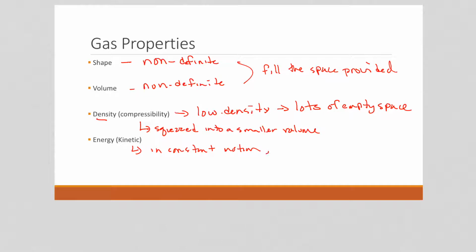And this energy, the kinetic energy, is proportional to the Kelvin temperature, right? The absolute temperature. And so we'll also expand more on this idea of the kinetic energy being proportional to the temperature. Okay, so these are some of the basic properties, and we'll see these come up, especially the last two, as we go through various aspects of gases.